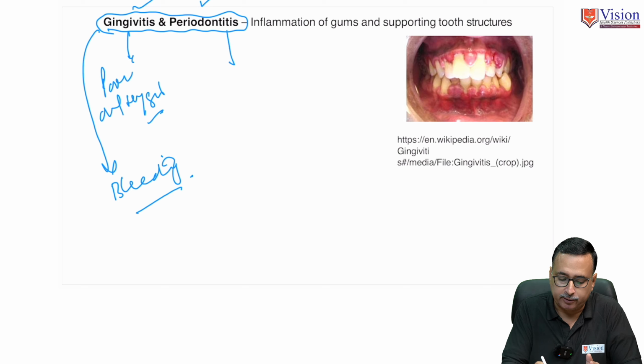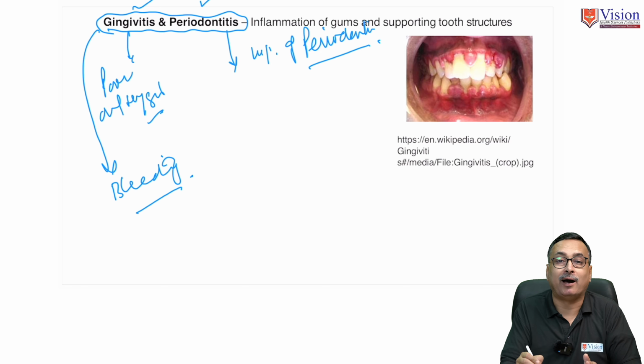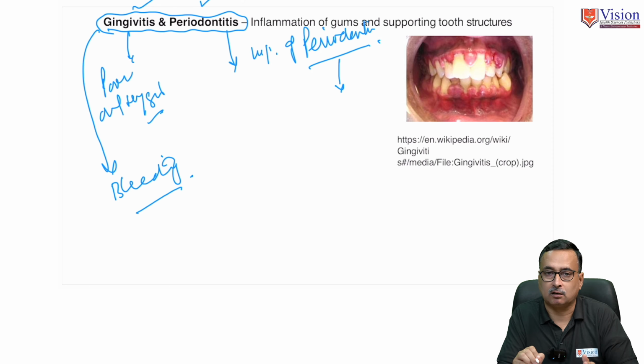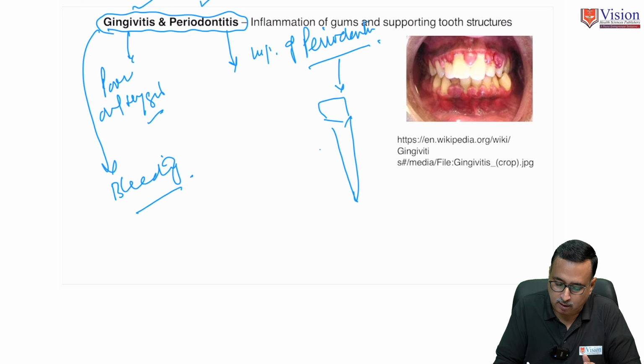And what is periodontitis? Periodontitis is the inflammation of the periodontium. The periodontium is the tissues which encircle the root of a tooth. Suppose this is a tooth and its root. The root is surrounded by bone and the bone is surrounded by gingiva.